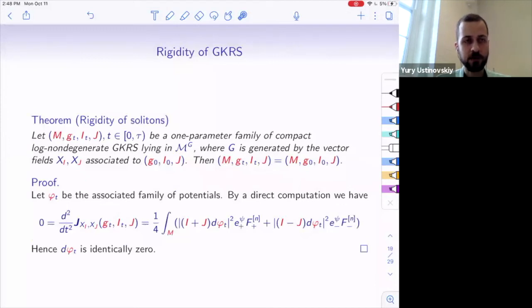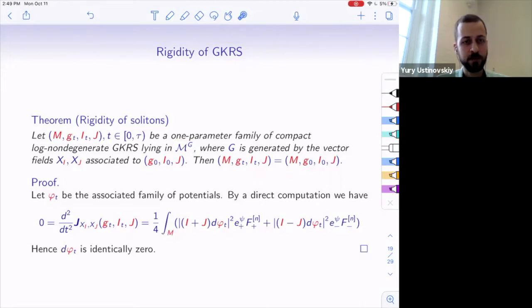Just to give a couple of immediate consequences of the existence of this functional, let me state rigidity of solitons. If you have a one parameter family of solitons in a fixed G-invariant generalized Kähler class, then immediately you can conclude that this has to be rigid.